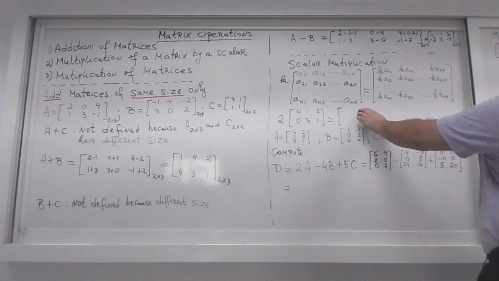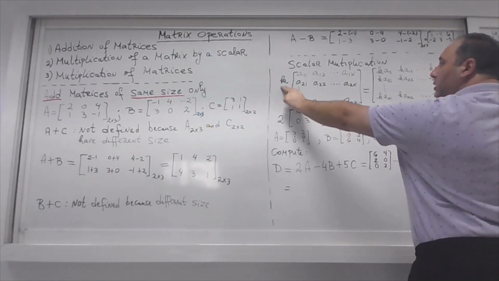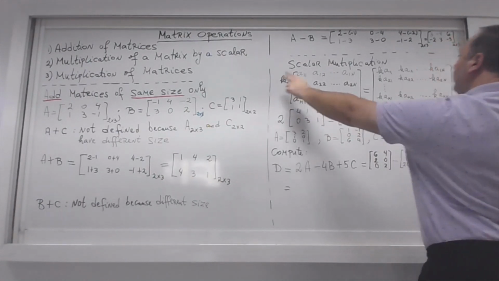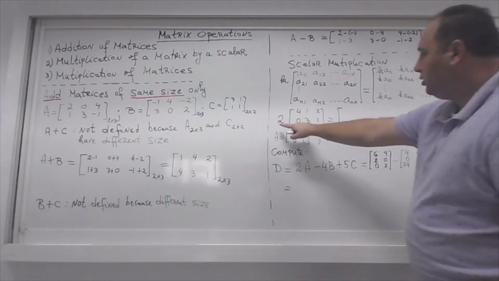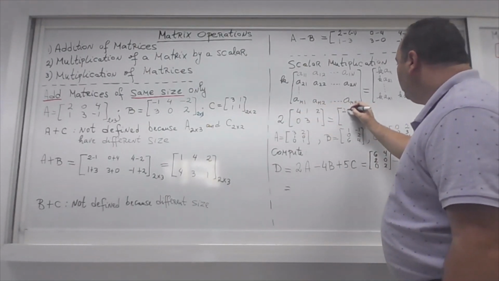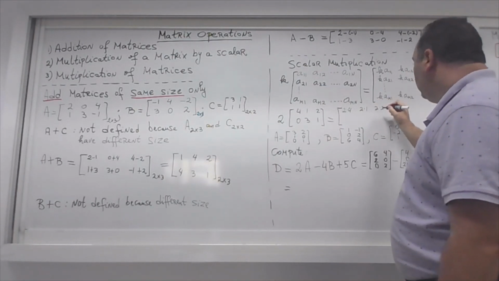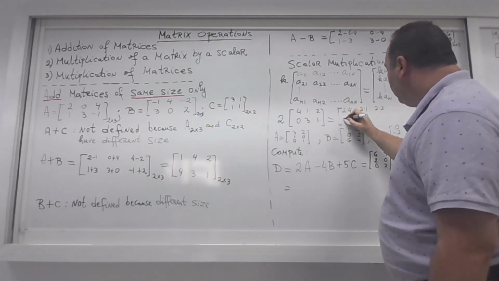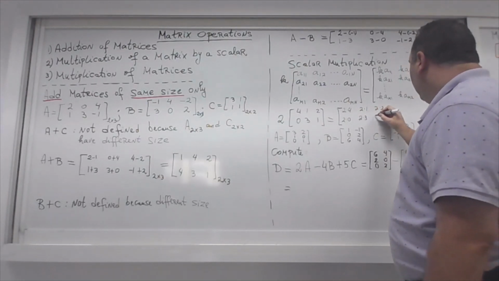So if I have an m by n matrix and I multiply by any real number, all I do is multiply each single entry by the same number. So it's not a big deal. So if I multiply this matrix by 2, I have 2 times 4, and then 2 times 1, and then 2 times 2, and then the row 2 is 2 times 0, 2 times 3, and 2 times 1.